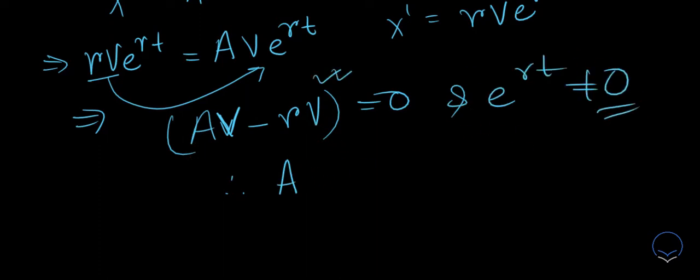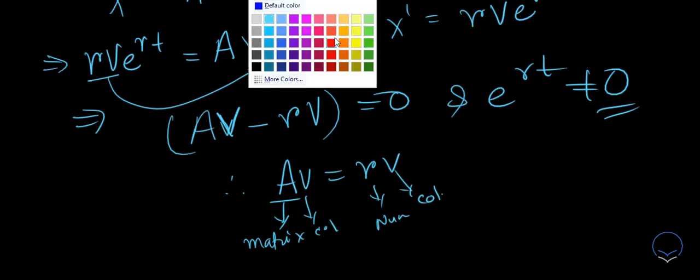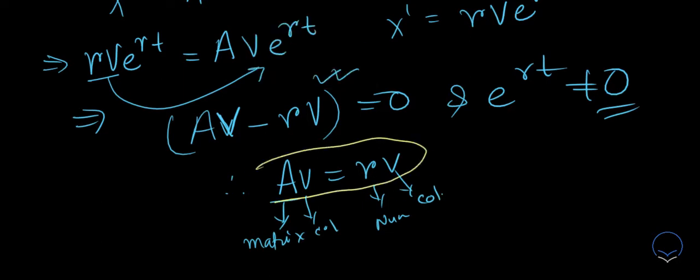And now from here you can see that A V equals r V. Again, this A is a matrix, this is a column vector, this is a number, this is a column vector, and this is precisely the eigenvalue equation.